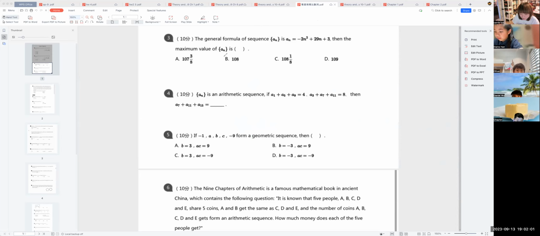What kind of geometric? 那 geometric 是什么呢？Multiply. Right, every time.